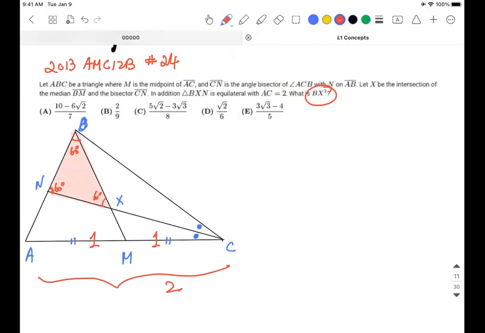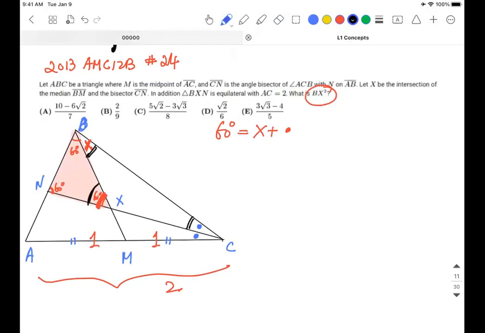Let's say I'm going to call this angle X, okay? Angle X. So here you can find out this guy is 60 degrees. So 60 degrees equals x plus dot. Is it right? Because this is the external angle, equal to the sum of the two non-adjacent internal angles. 60 degrees equals x plus dot.